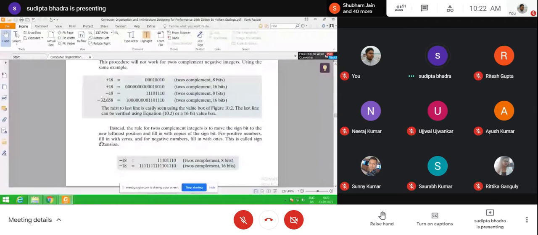Okay, so here in case of range extension, what convention is followed?